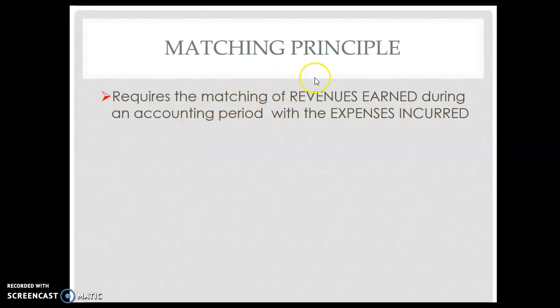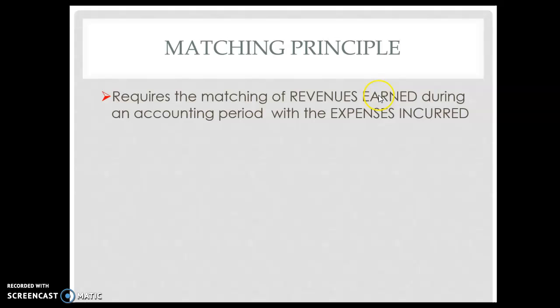Now, the matching principle is a main part of GAAP, and it wants us to have the revenues that we earn during a certain period recorded in that period. It doesn't care when we got the cash. So if we mow Mrs. Smith's lawn at the end of May, but she doesn't pay us until she gets her Social Security check in early June, those revenues were actually earned in May because we did the job in May.